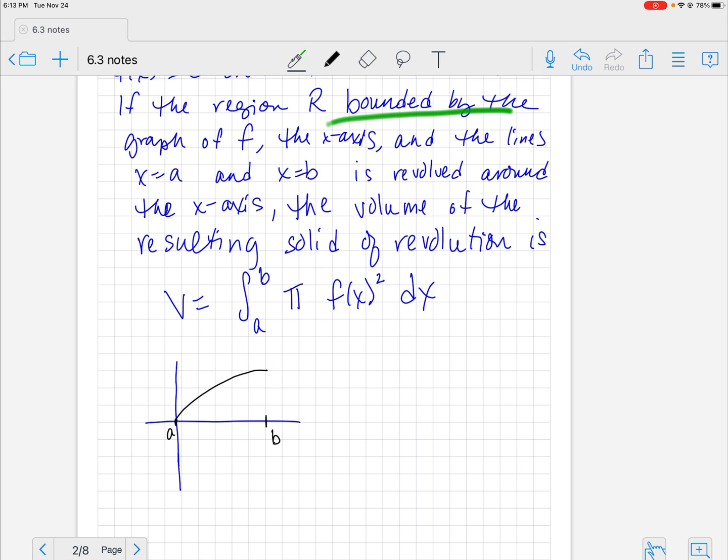The region is bounded by the graph of f everywhere it goes, the x-axis here, and the lines A to B. Then this volume is what you get whenever you swing that thing around that x-axis.